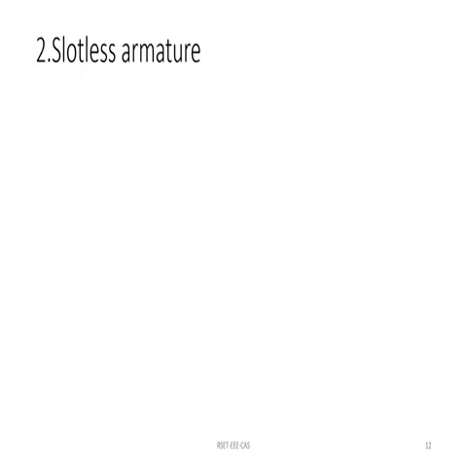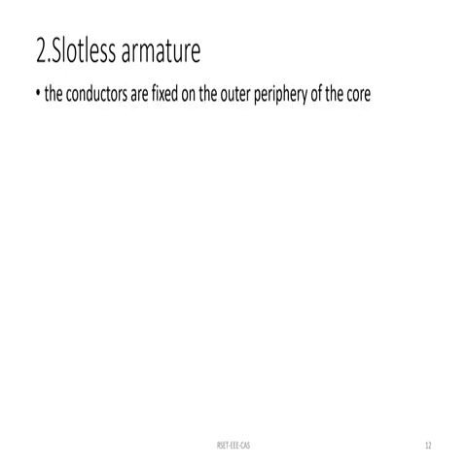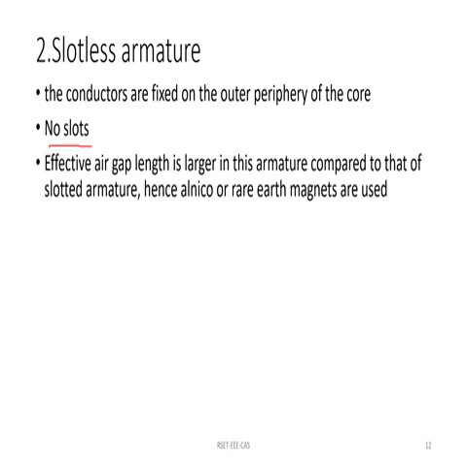Now next is slotless armature. In the slotless armature construction, the conductors are fixed on the outer periphery of the core, and the outer periphery doesn't have any slot. So this is a slotless construction.